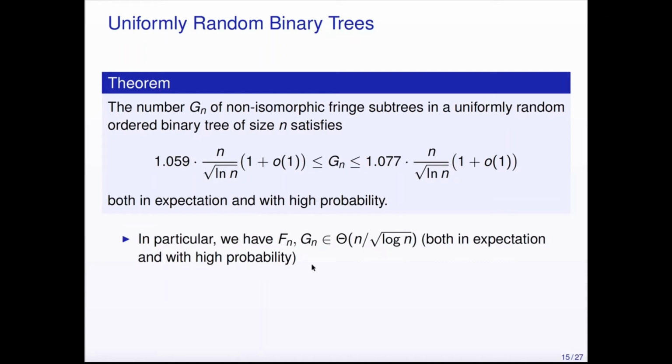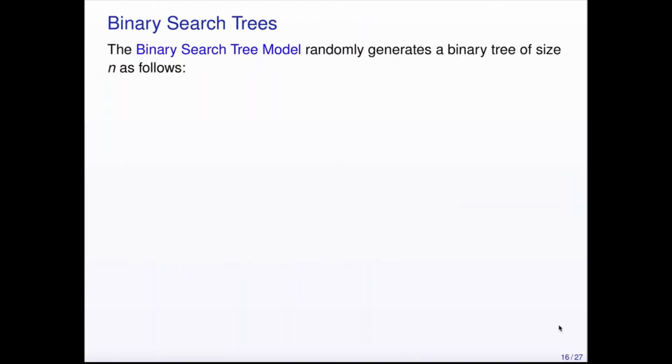So that means that the sizes of the ordered and unordered minimal DAG of a uniformly random binary tree of size n are in theta of n over square root of log n, and only the leading constant in front of the main term n over square root log n changes slightly.